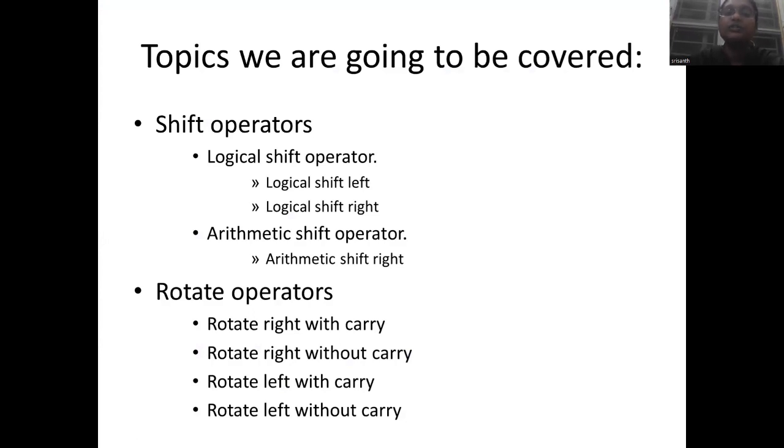Again, the logical shift operator is classified into two types: logical shift left and logical shift right. The arithmetic shift operator is classified into arithmetic shift right, whereas the rotate operators are classified into four types: rotate right with carry, rotate right without carry, rotate left with carry, rotate left without carry. Let us see about these instructions in detail.